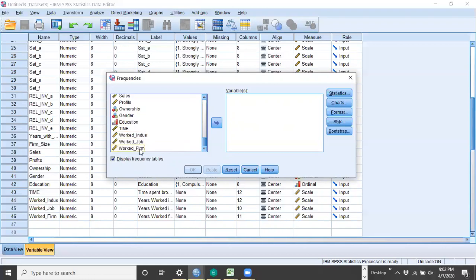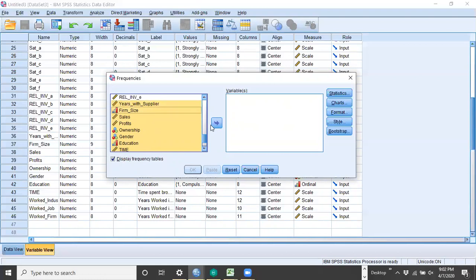So let's just look at some of these basic variables here. These are observed variables. None of these variables are latent, so they don't need multiple measurement. Just very basic observed variables.